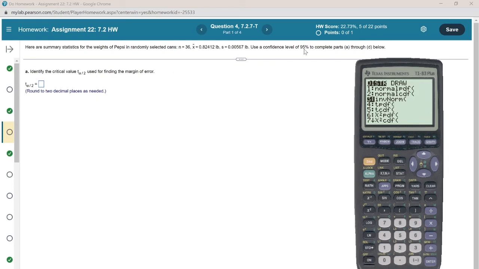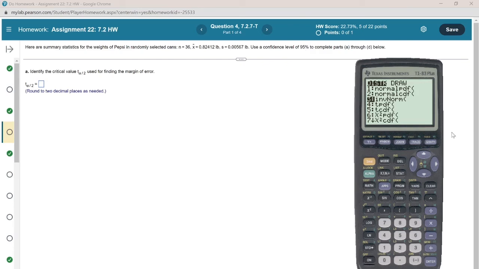In this case it's 95%, so alpha over 2 would be 2.5%. So to find the t-value, just use invT 0.975, which gives you the t-score such that the area under the curve to the left of that score is 97.5%.